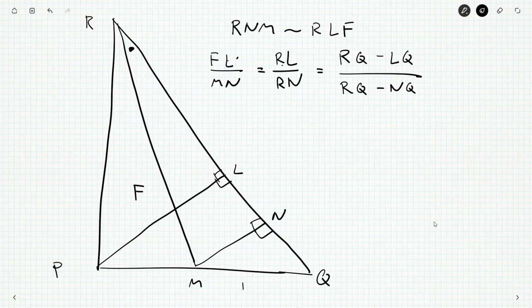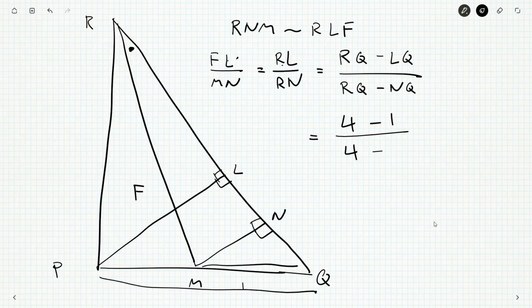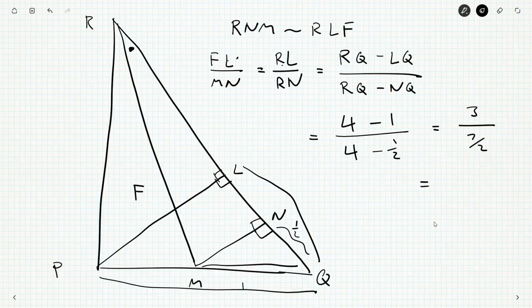Now, I know RQ is 4, I know LQ is 1, and because the ratio here is 2 for the PQ to 1 for the MQ, and the fact that LQ is 1 makes NQ a half. Okay, so we get 3 over 3 halves, which is... 7 halves. So that becomes 6 out of 7.